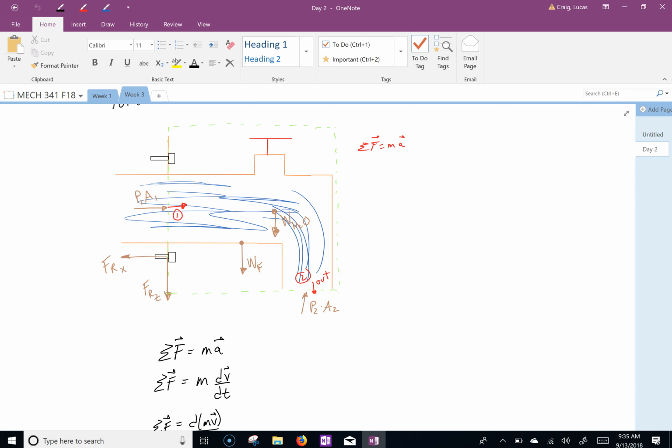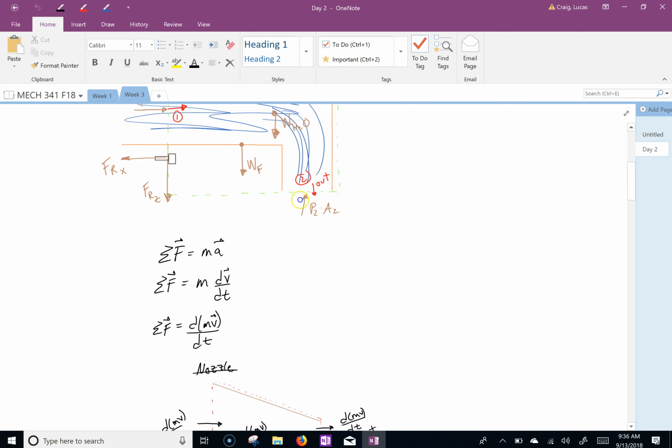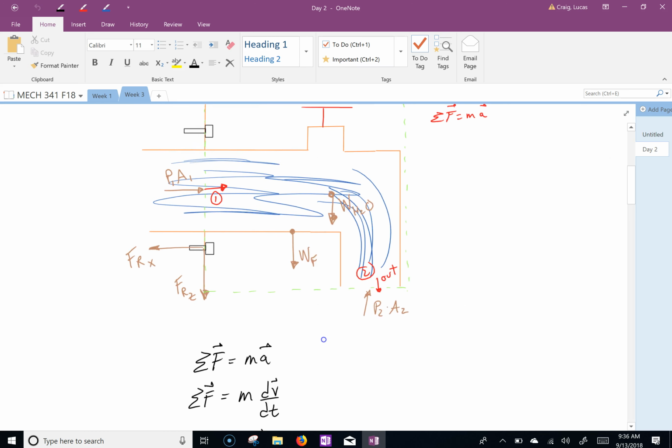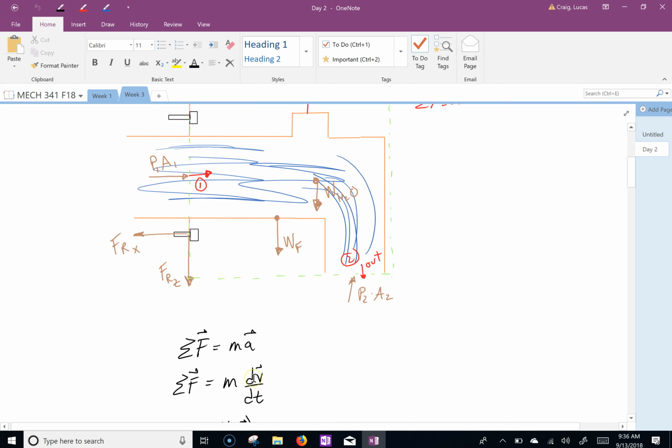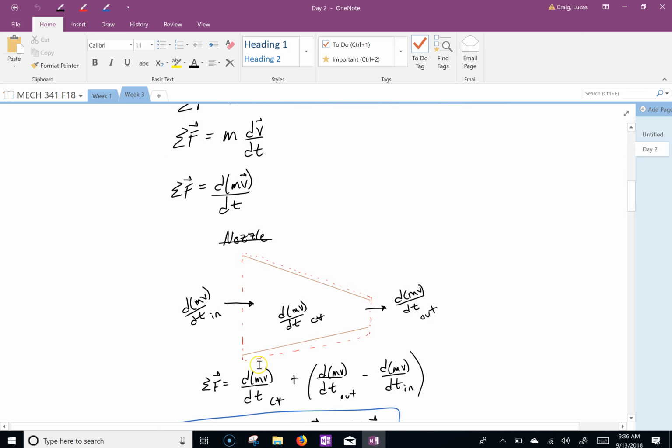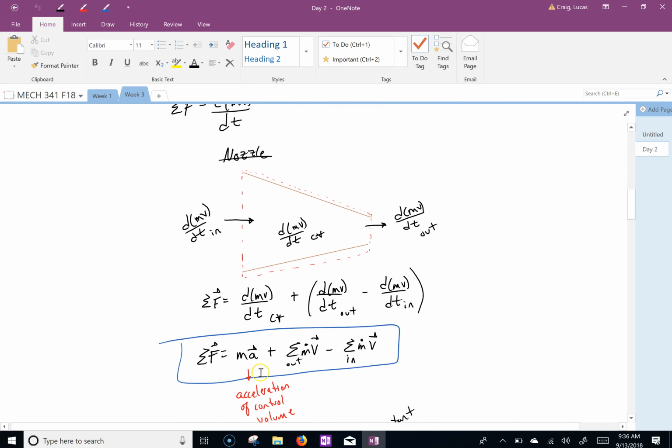And when you start doing Newton's second law on fluid that's moving, it's called linear momentum analysis. We still start basically with the sum of the forces equals ma. But what we end up doing is we have to add these other two terms.